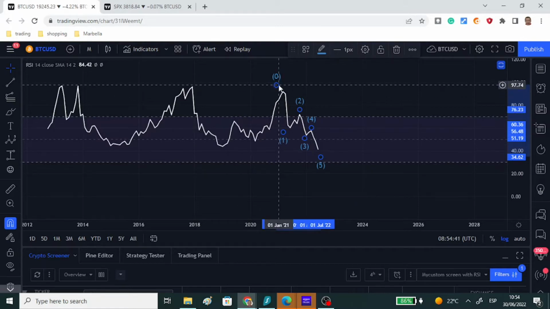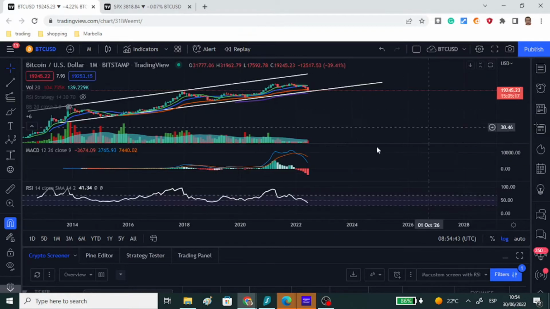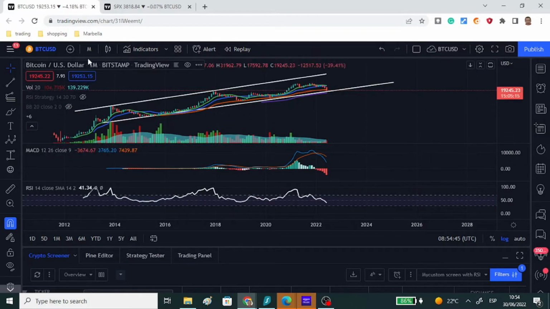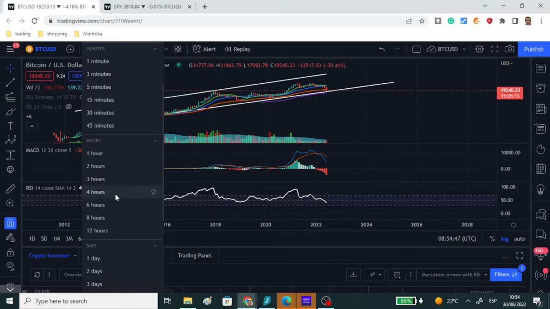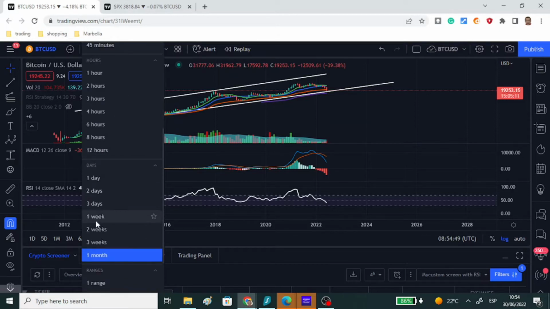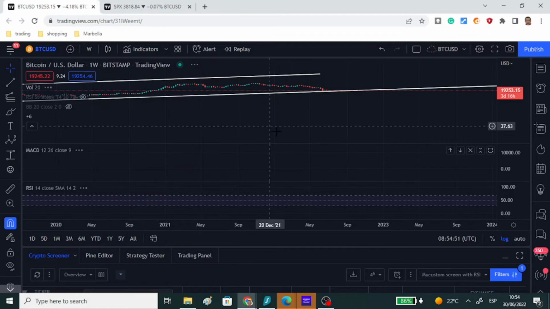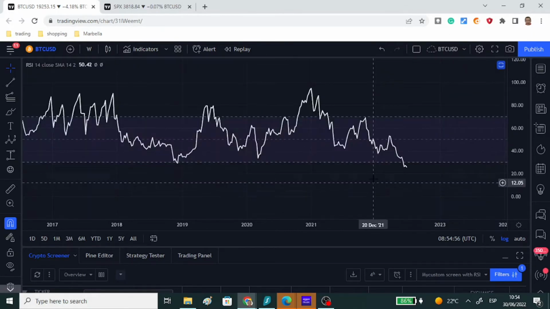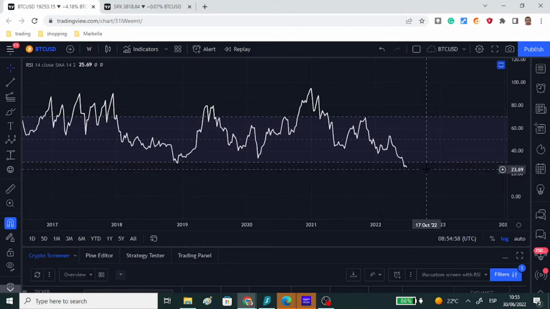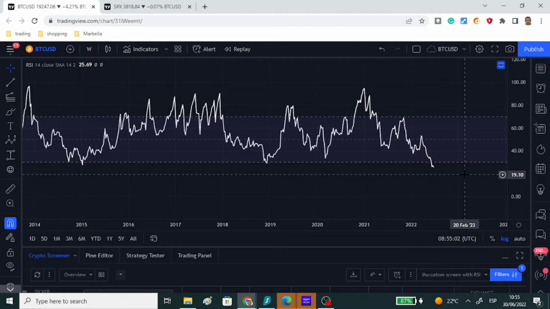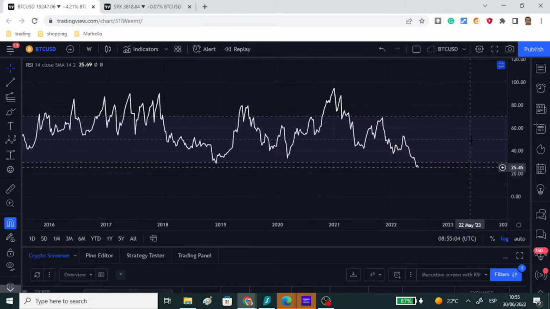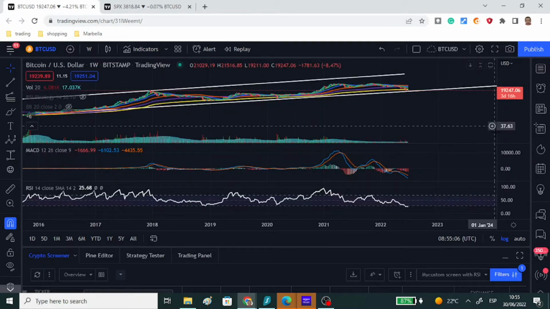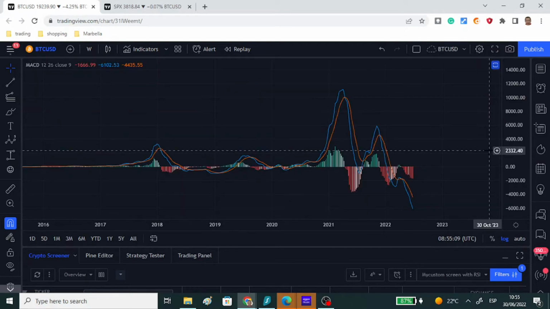So let's look at the weekly chart here. Again on the RSI, very oversold. Very oversold. So MACD, very oversold.